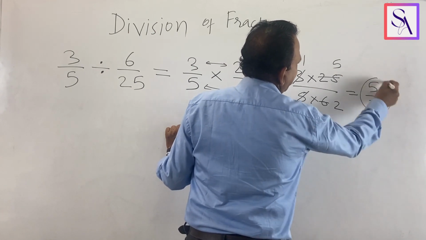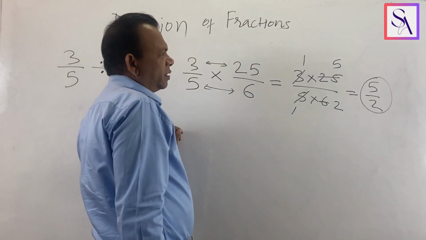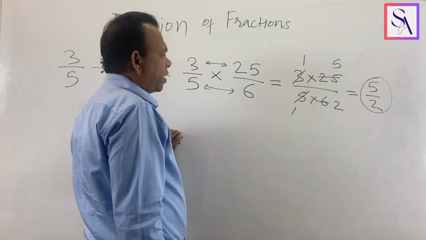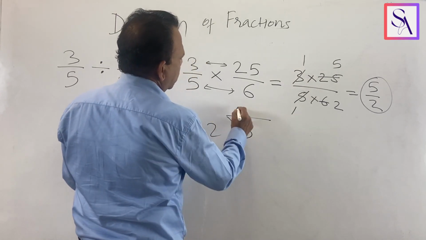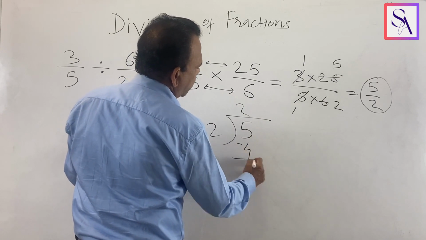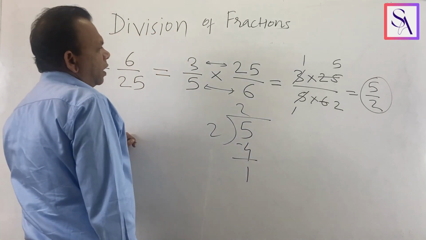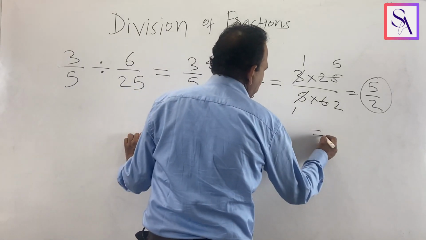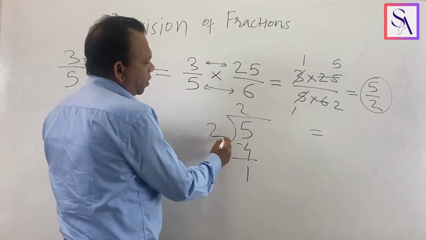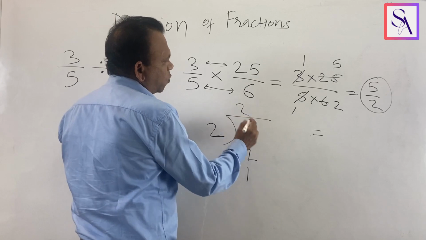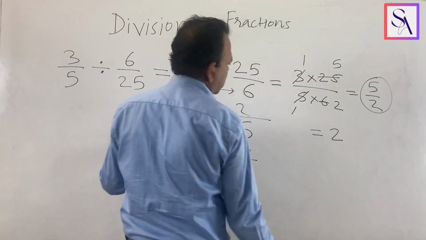So now this is an improper fraction. You can convert this into a mixed fraction. So how to do that? 5 divided by 2, 2 twos are 4, 1. Again, what is our rule? Queen riding upon donkey. Who is queen here? This 2.